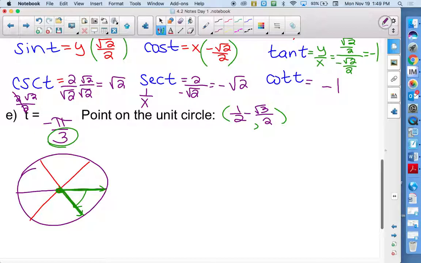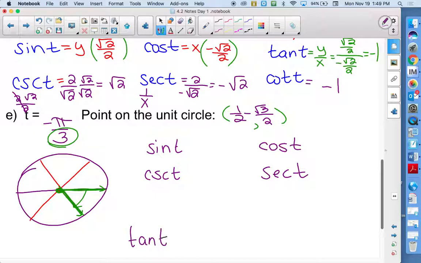After you have that, we can then find, just like we did above, the sine and the cosecant, the cosine and the secant, and then the tangent and the cotangent. So see if you can calculate those just by using the ordered pair.